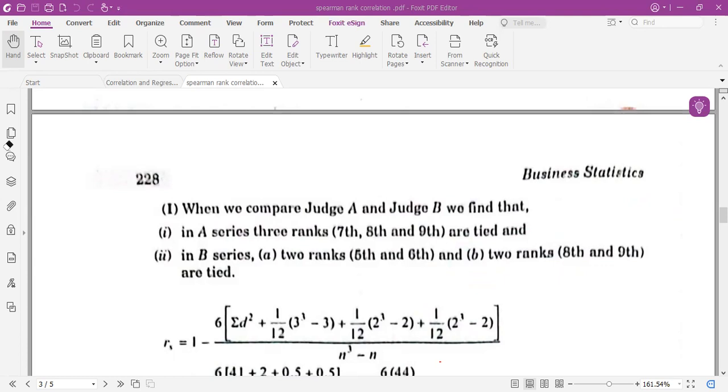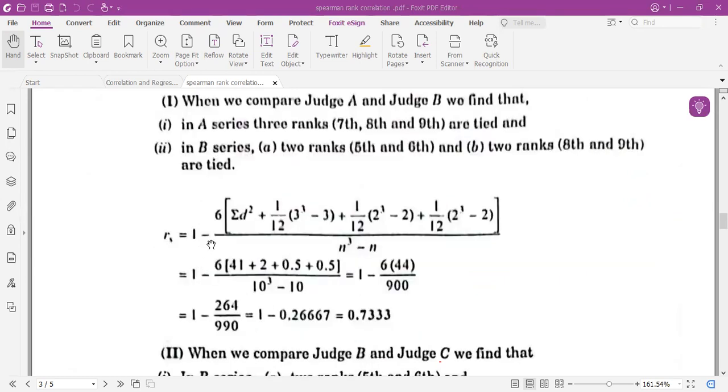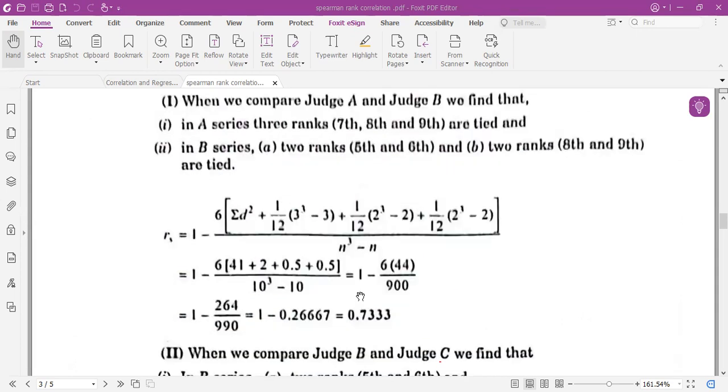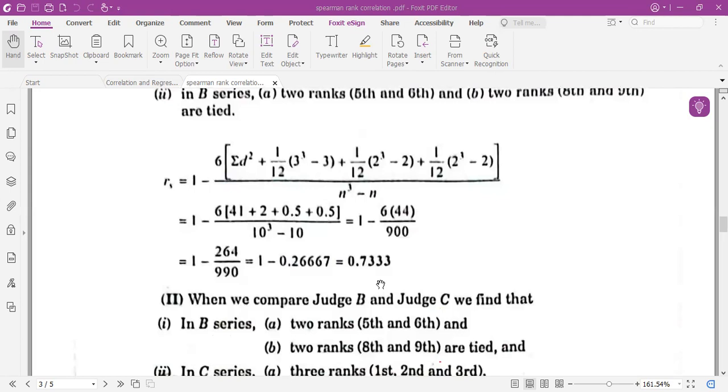The formula is 1 minus 6, and always remember in common ranks, the 6 you have to take outside: 6 times the bracket of sigma d square plus 1 by 12 times m cube minus m for M1, which is 3, so 3 cube minus 3, plus 1 by 12 times 2 cube minus 2 for M2, which is 2, plus 1 by 12 times 2 cube minus 2 for M3, which is also 2. The whole thing is divided by n cube minus n. When you substitute these values, you get 0.733.